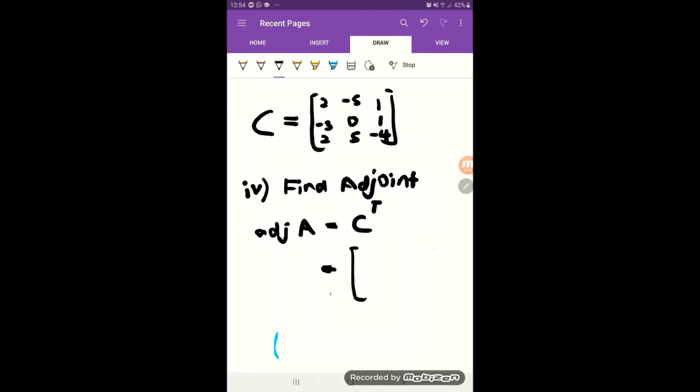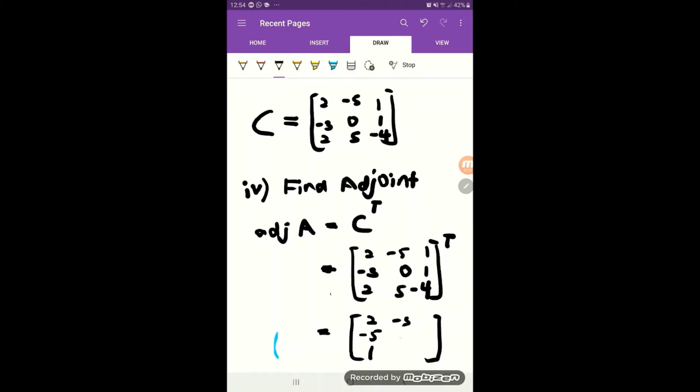What is the cofactor of matrix A? 2, -5, 1, -3, 0, 1, 2, 5, and -4. Transpose. So how to transpose the matrix? That means row change to column. 2, 5, -4. This is adjoint of matrix A.